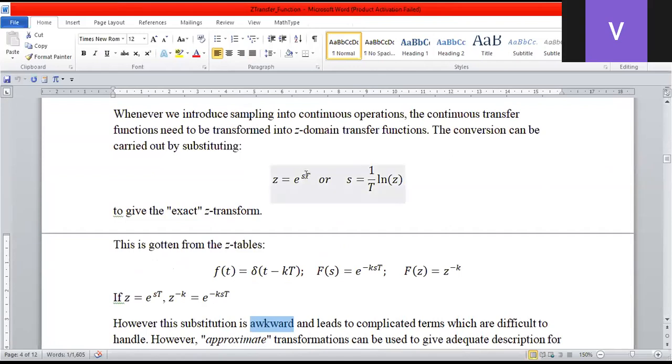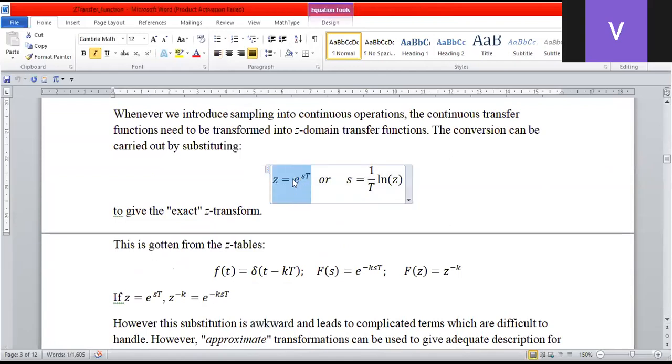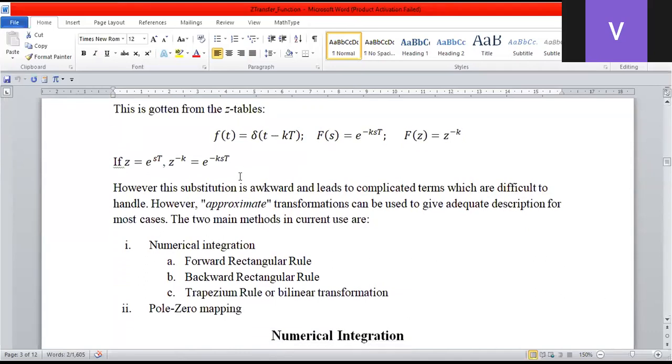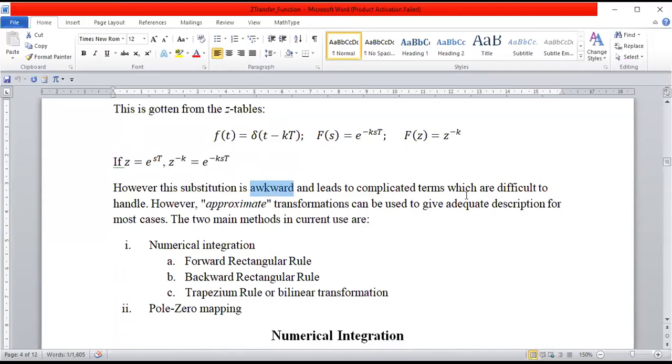So this method of equating Z to be equal to exponential ST gives us the exact Z transform. But unfortunately, if we use this to solve any conversion we want to do, it's very awkward, and after the class you can try it on your own.